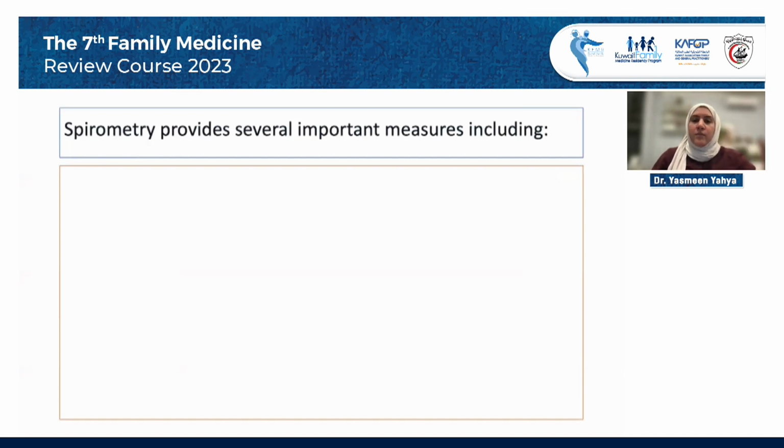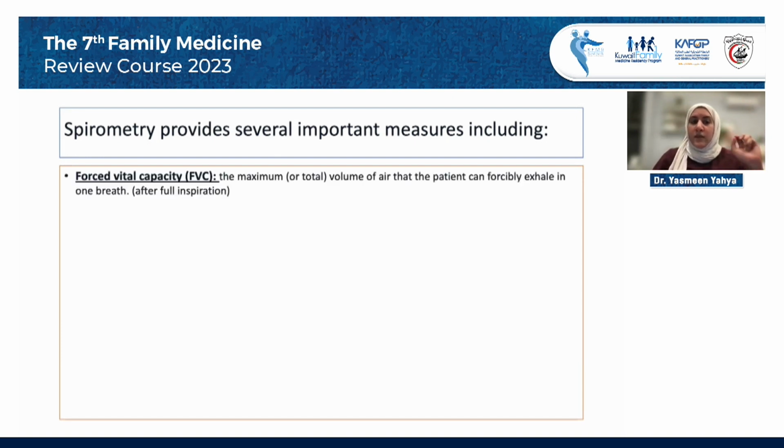So what are the important measures that you need to interpret from a spirometry? There are actually three important values only. From all those figures and readings, you need to interpret three values, which are the forced vital capacity, or FVC. This is the maximum or total volume of air that the patient would forcibly exhale after taking full inspiration, that's why it's called forced vital capacity.